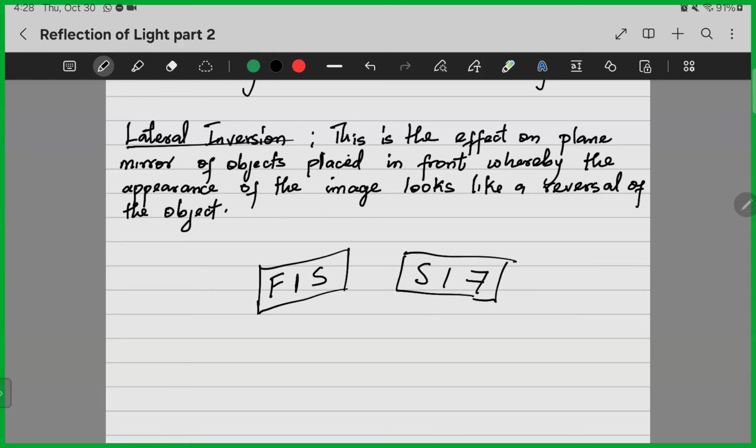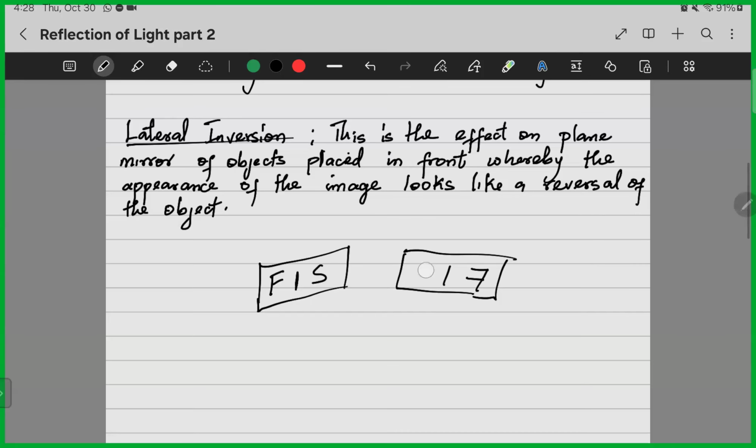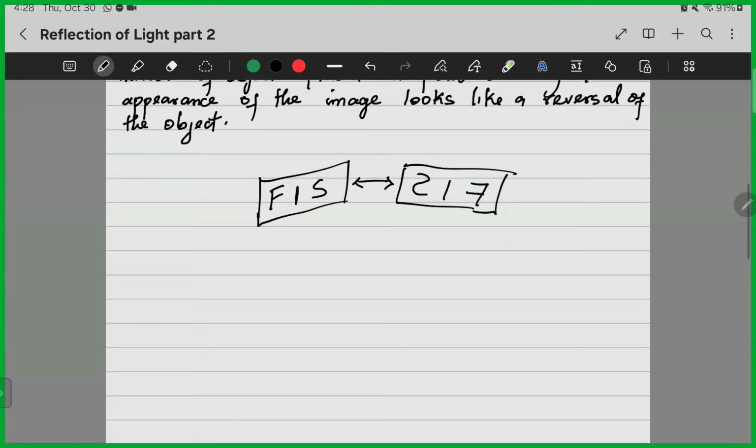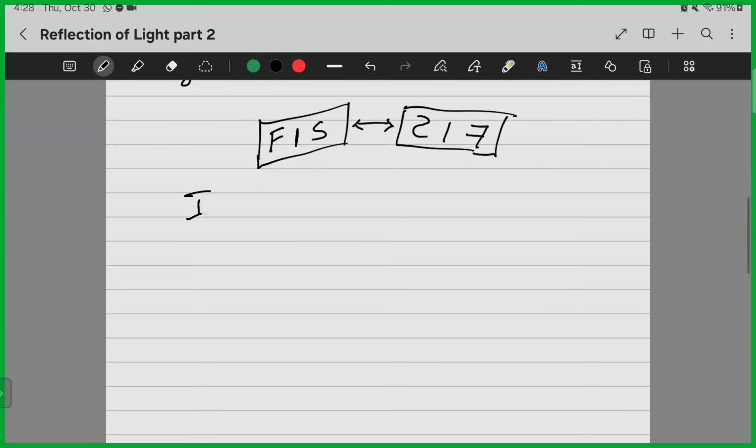So this is the picture. Let me rewrite this: instead of this, it goes like this. So this is the idea, from this to this. So that's lateral inversion.